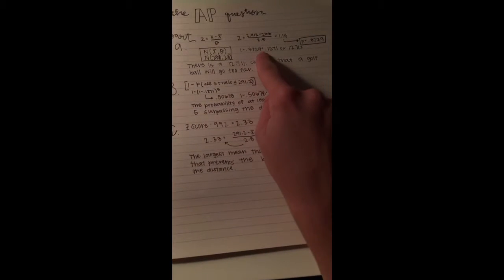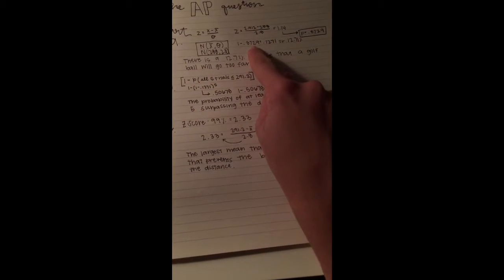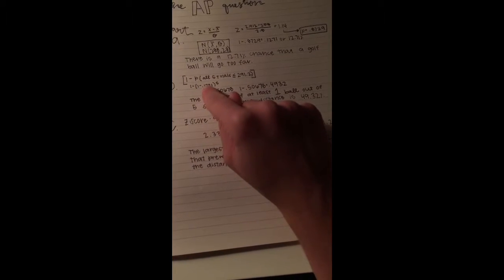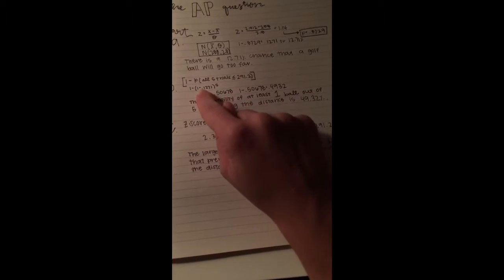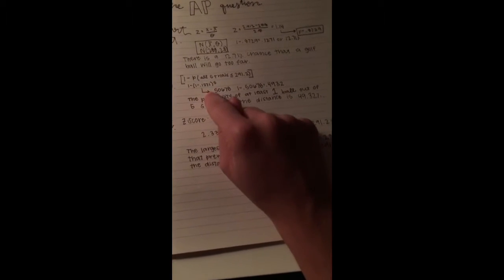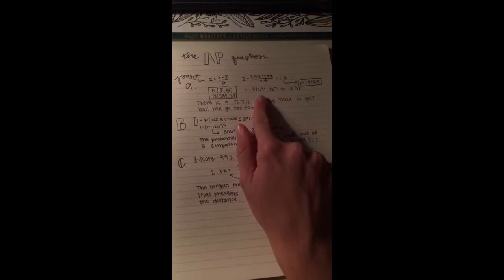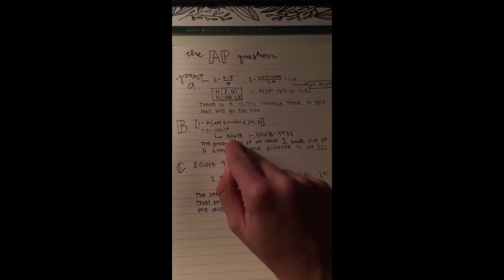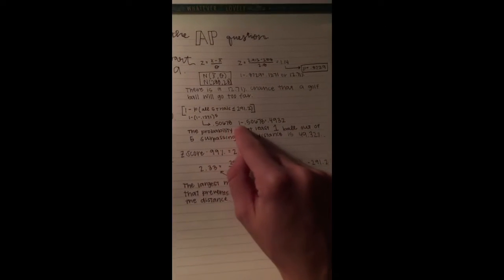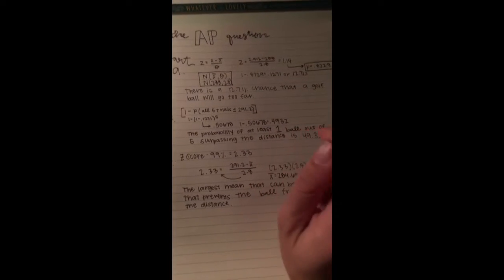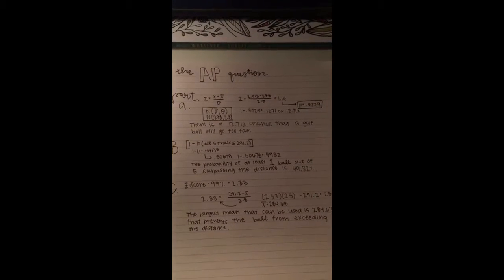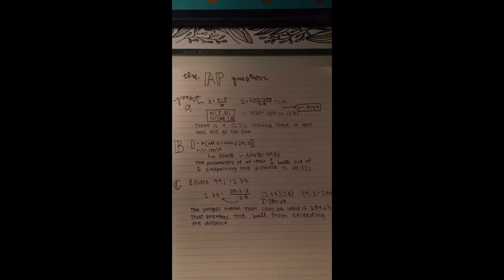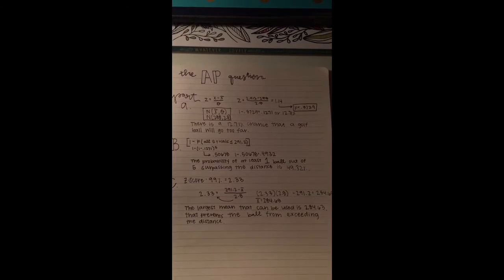Like we had up here before, this 0.8729 is going to come back into play, because this little part of the equation, the 1 minus 0.1271, is going to equal 0.8729. But when you take it to the 5th power, it becomes 0.50678. Then we subtract that from 1 and get 0.4932. From this, we can say that the probability of at least 1 ball out of the 5 surpassing the distance is 49.32%.